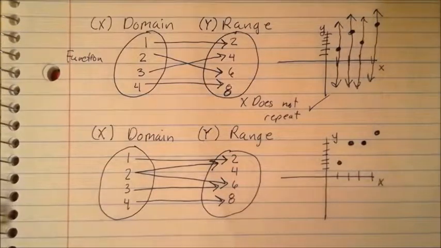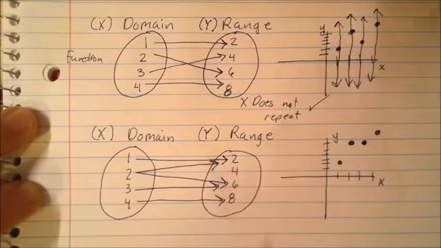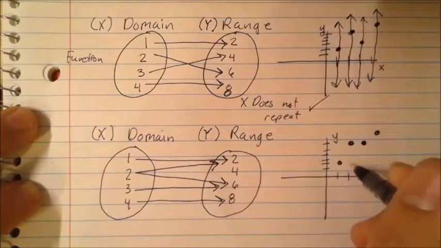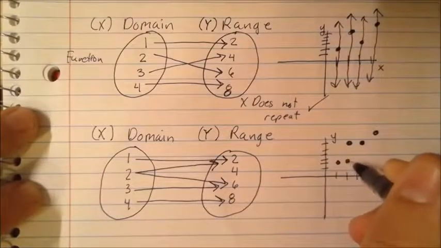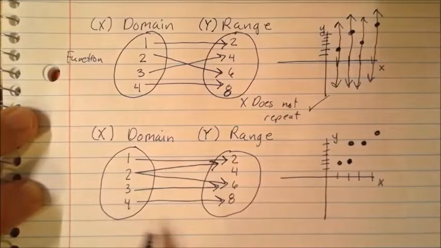But what we can't have is a single x that's assigned to 2 different y values. So by me adding this line here and showing it has a relationship with 2, we would have to put another point at 2, 2. So what we've done, we've just taken this mapping and turned it from a function to a non-function.